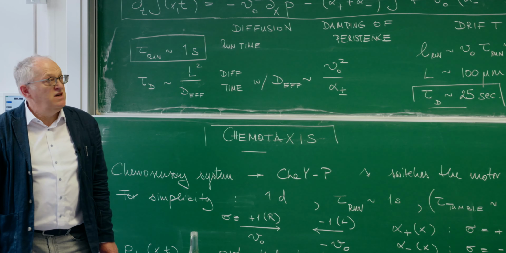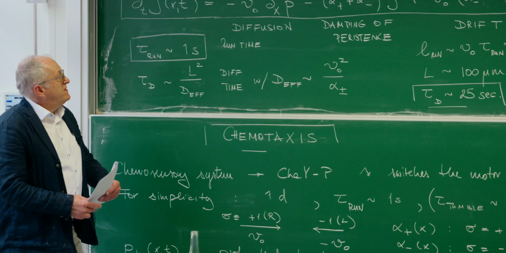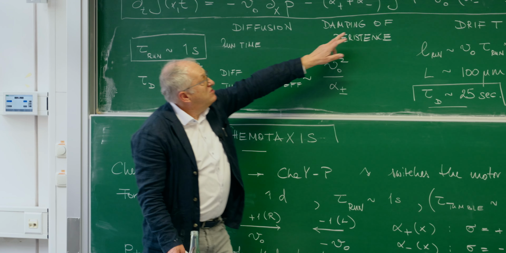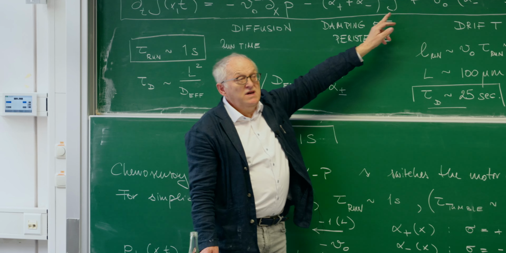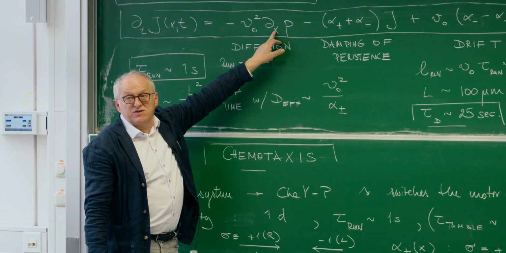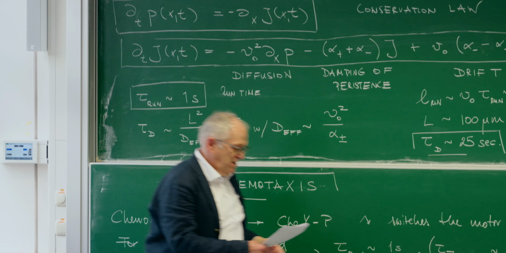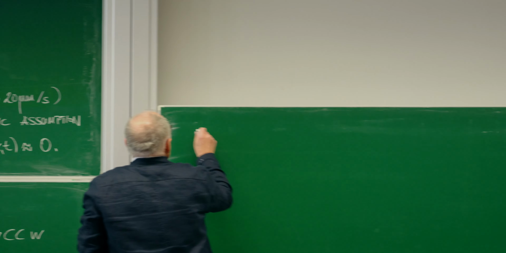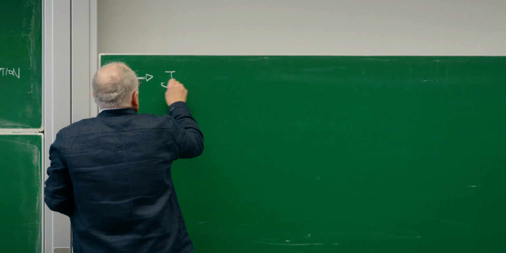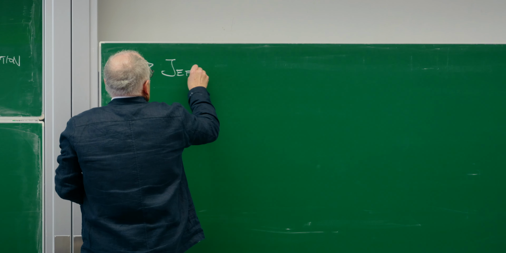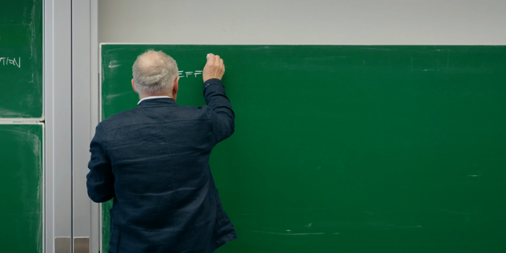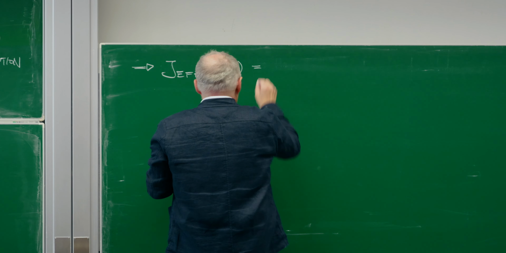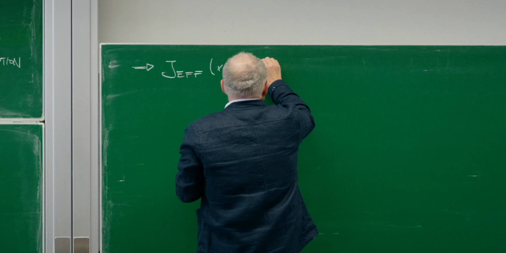So d_t j is 0. And that means now this is 0, so I can actually write the current in terms of the other terms that we have there. Okay, so that means in this adiabatic approximation, the effective current in the stationary state will have two terms.